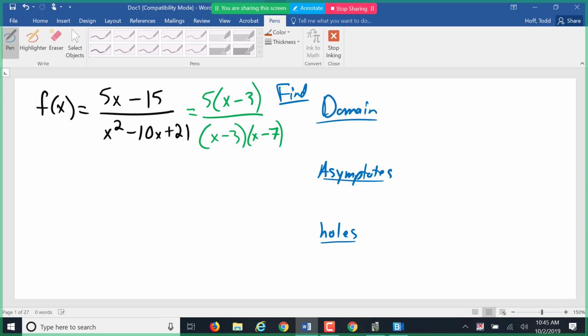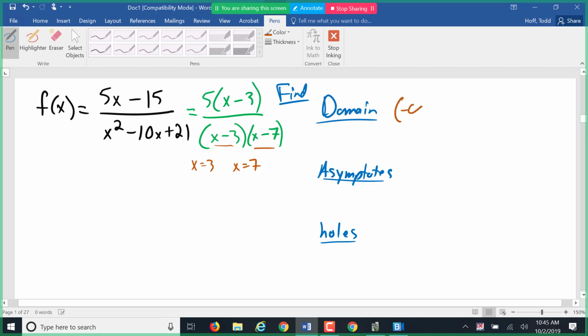So our domain has to exclude x equals 3 and x equals 7. That's found by solving those two factors each for 0. So our domain goes from negative infinity to 3, unioned with 3 to 7, unioned with 7 to positive infinity.